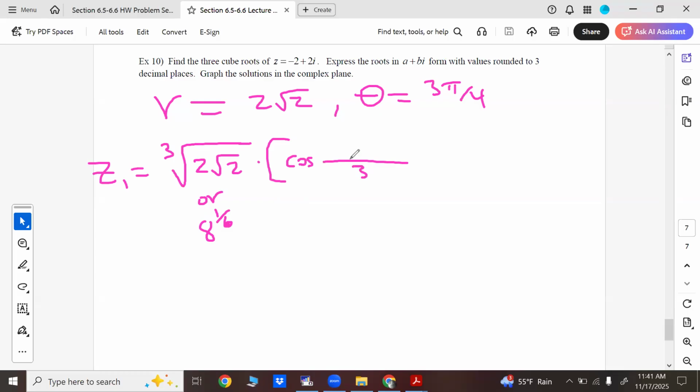Cosine, you have 3 on the bottom. I'm tripping. What's your theta? 3 pi over 4, plus 0, plus i sine. Actually, I like 8 to the 1/6 a little better. Looks cleaner.